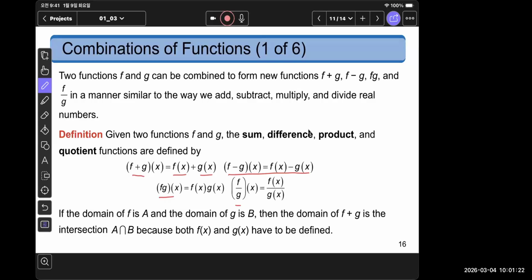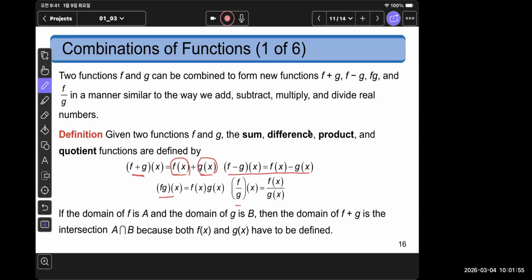Now, what will be the domain of such a function? Well, in order for f of x plus g of x to be well defined, the expressions f of x and g of x must be meaningful. So f plus g is defined only when both f of x and g of x are defined.